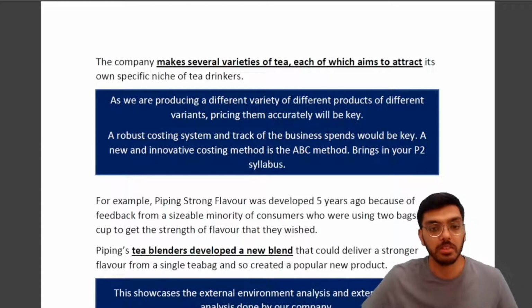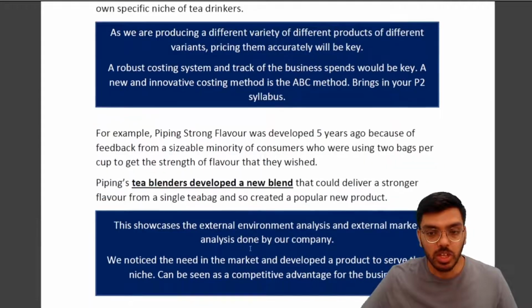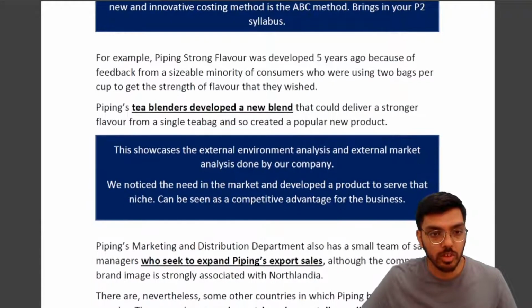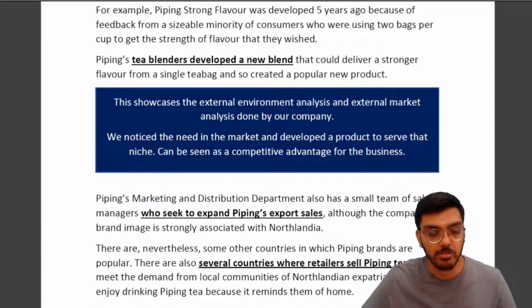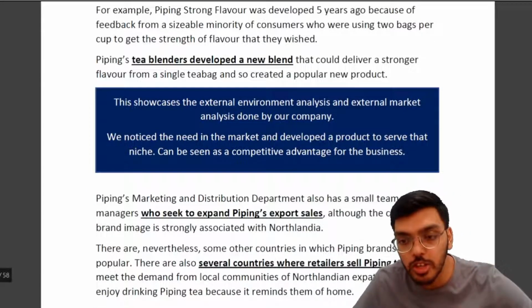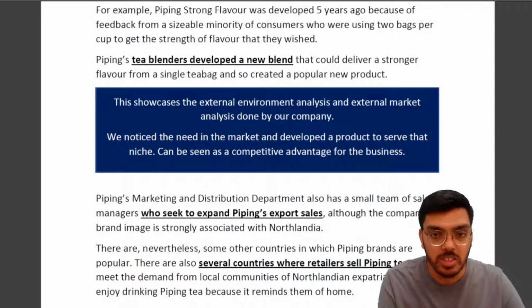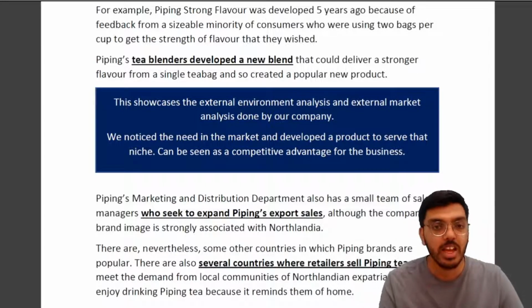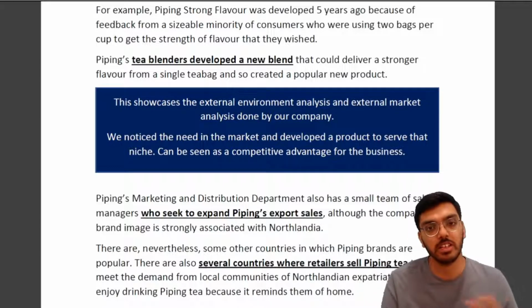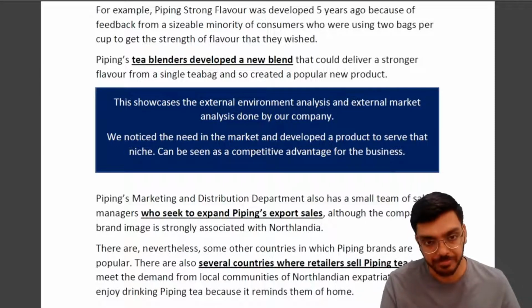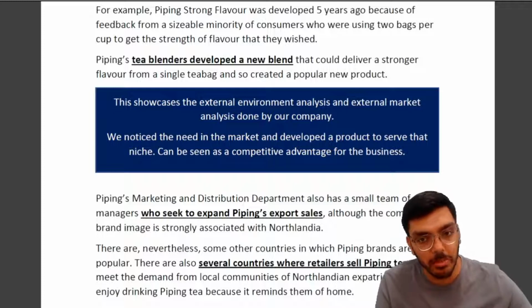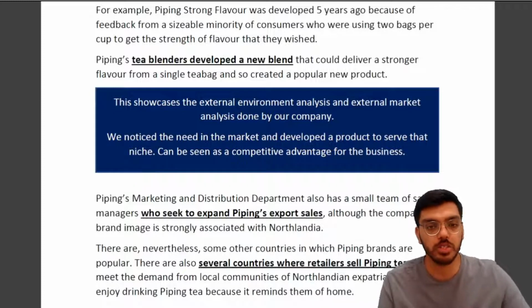Piping's tea blenders then developed a new blend that could deliver a stronger flavor from a single tea bag and so created a very new but popular product. So this showcases the external environment analysis and external market analysis done by our company. We noticed the need in the market and developed a product to serve that niche.